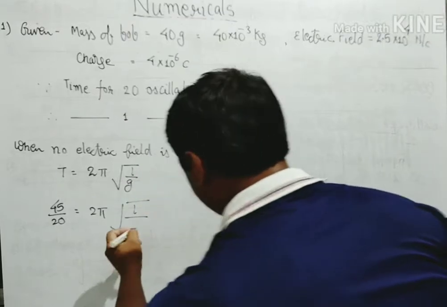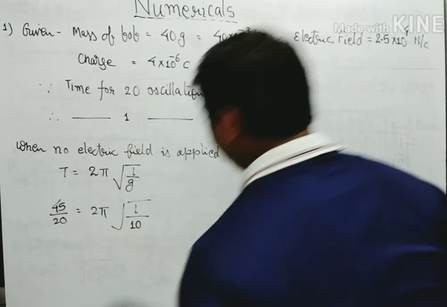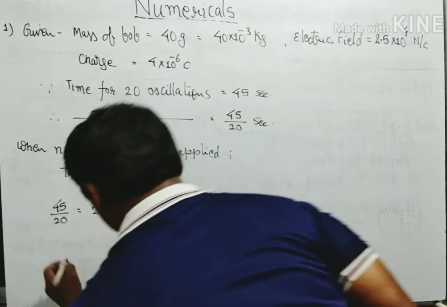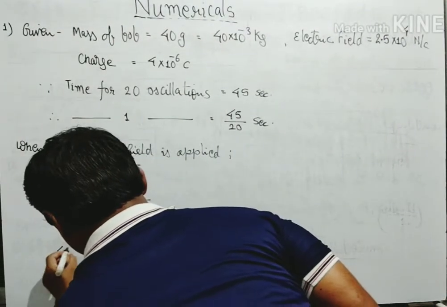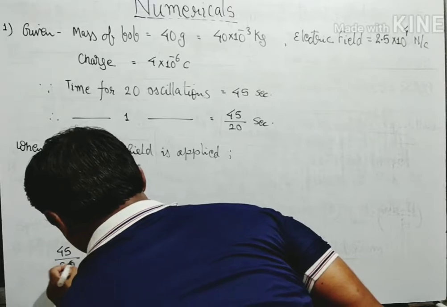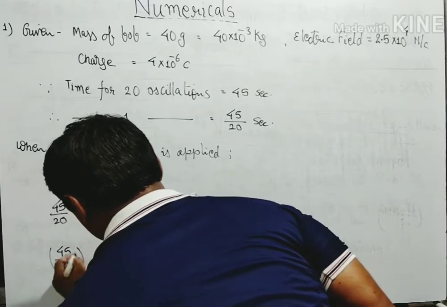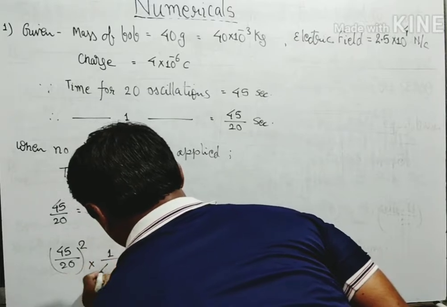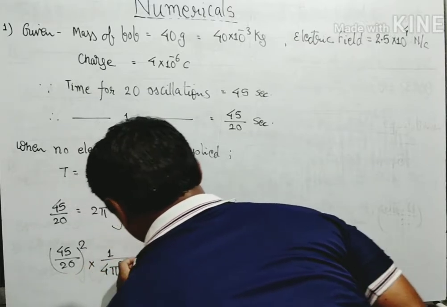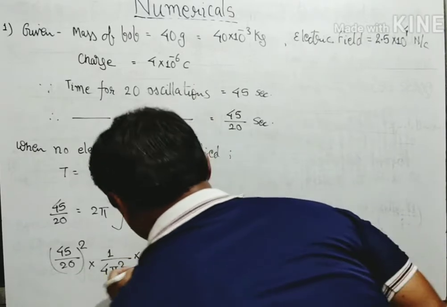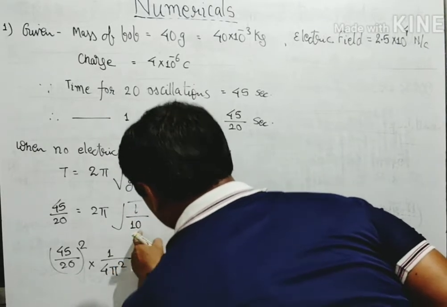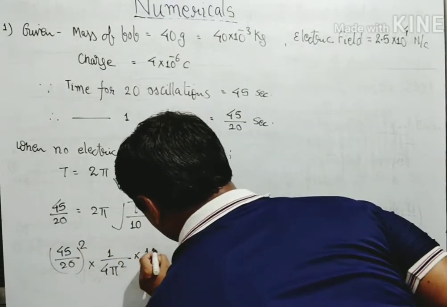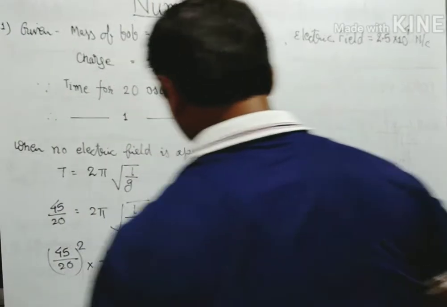For the sake of simplicity we are taking g as 10. Now we square both sides. Simplifying, 45 upon 20 whole square into 1 upon 4 pi square, and this 10 goes into multiplication with that 10.